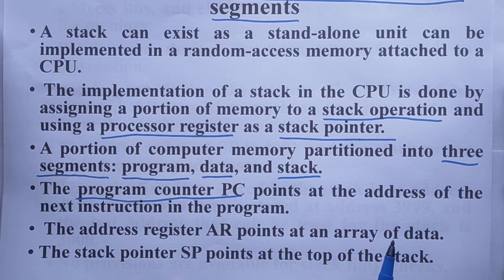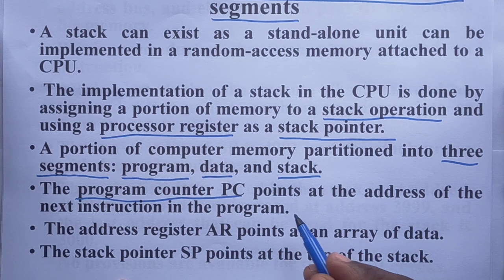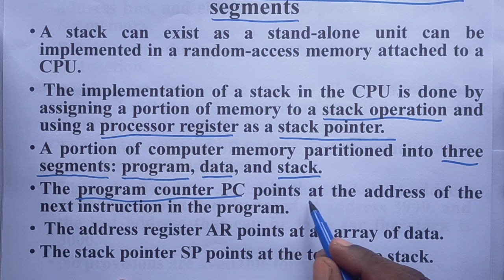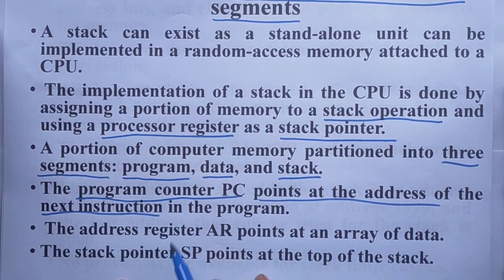Whenever the execution of one instruction is completed, the program counter shifts to another instruction. Means it keeps the address of another instruction for next execution. This is the basic concept of a program counter. So obviously we can say a program counter points at the address of the next instruction, or one by one the instructions of the program.